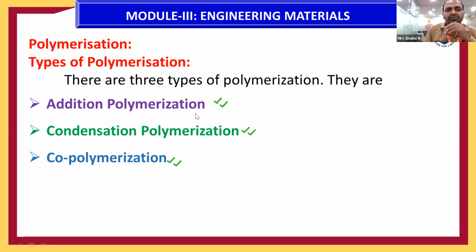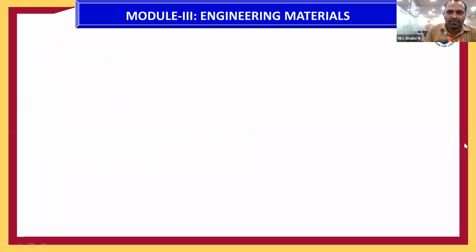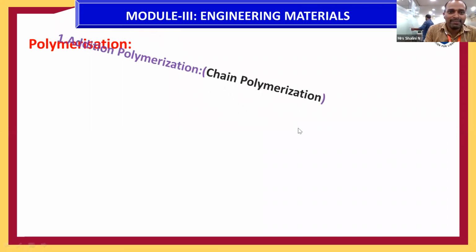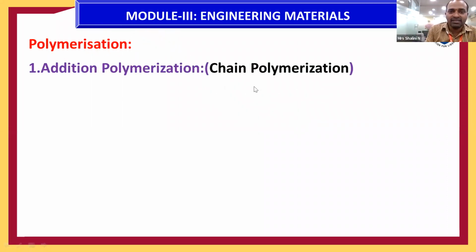What is meant by addition polymerization? Addition polymerization means exact multiple of the virgin molecule. It is also called chain growth polymerization.